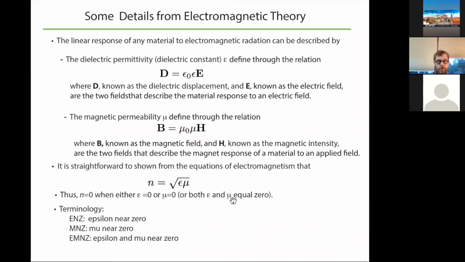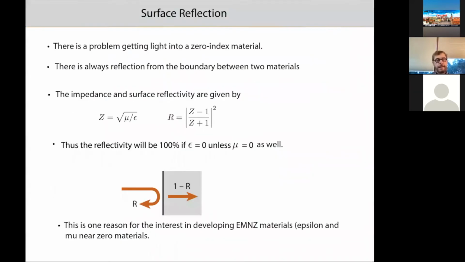Now, one might wonder why in the world am I going to such detail? And here's why. There's a problem getting light into a zero index material. There's always reflection from the boundary between two different materials. And this reflectivity can be written in terms of the impedance, and the impedance is written in this way here.